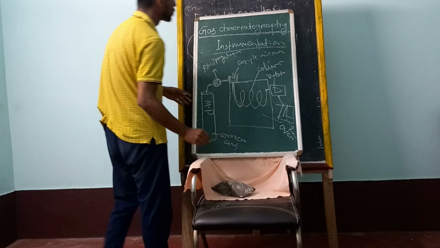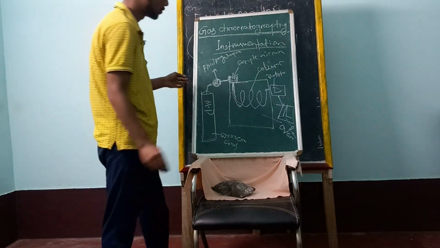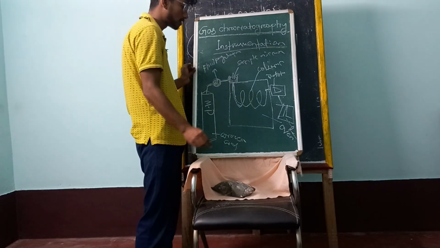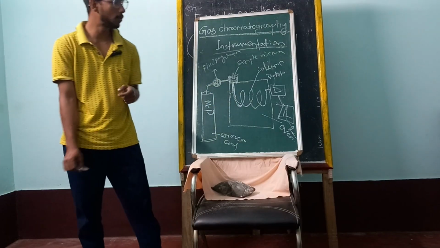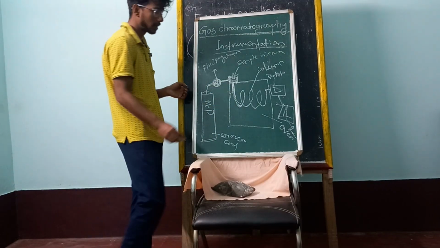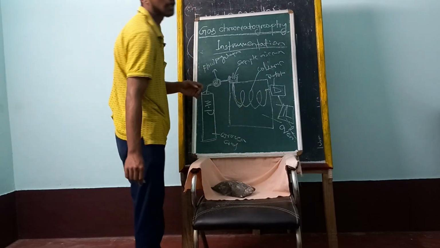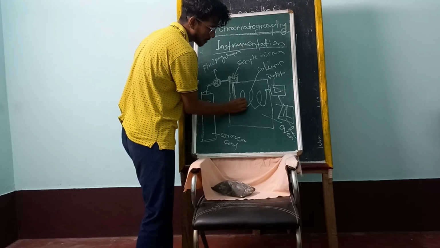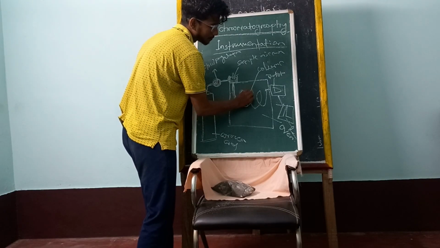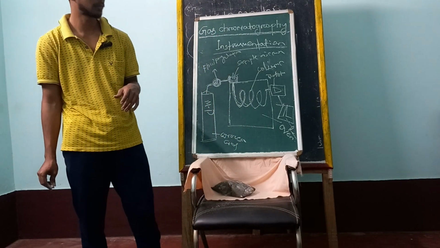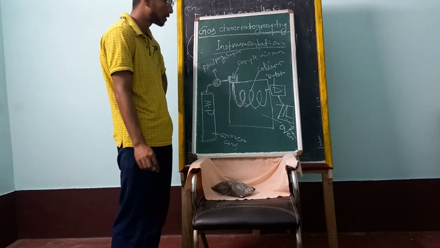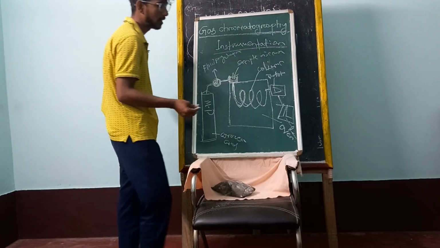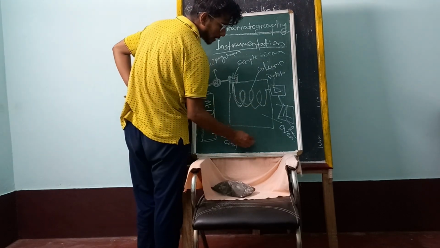Here the affinity works. The sample which shows strong affinity towards the stationary phase, that is the stationary phase present in the column, which is silica and silica coated stationary phases, elutes later.